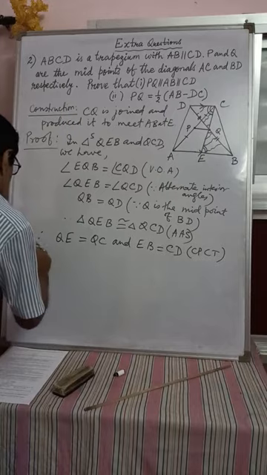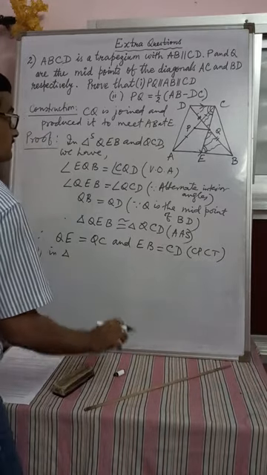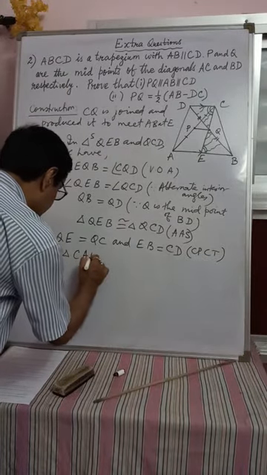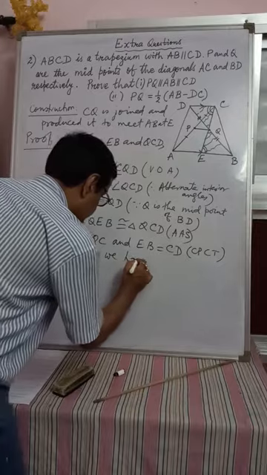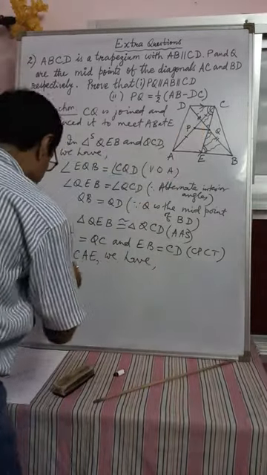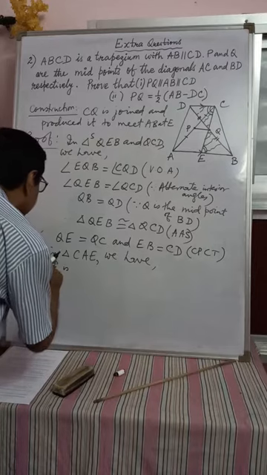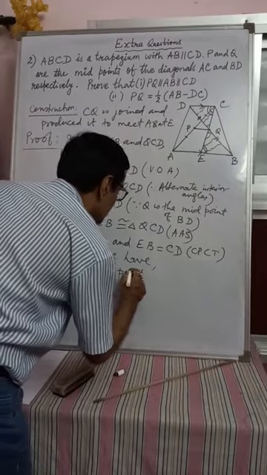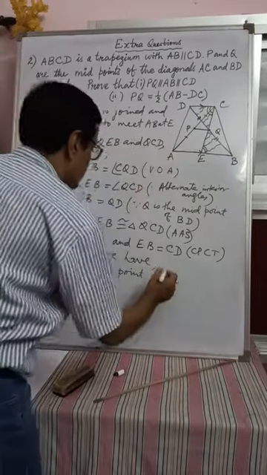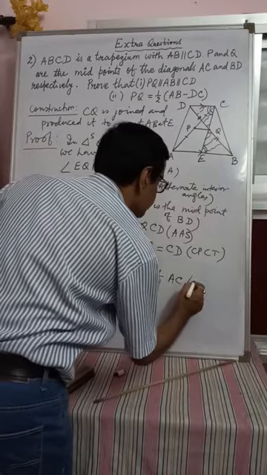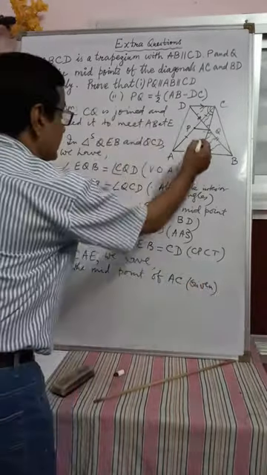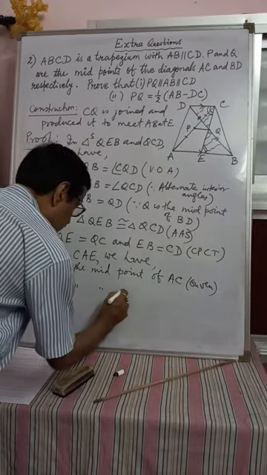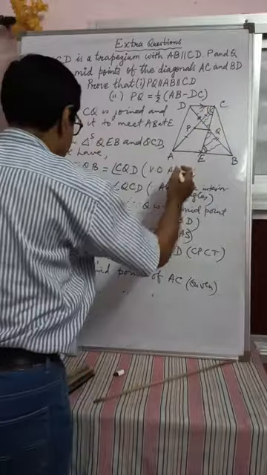Now in triangle CAE, we have P is the midpoint of the diagonal AC, that is given, and Q is the midpoint of CE.